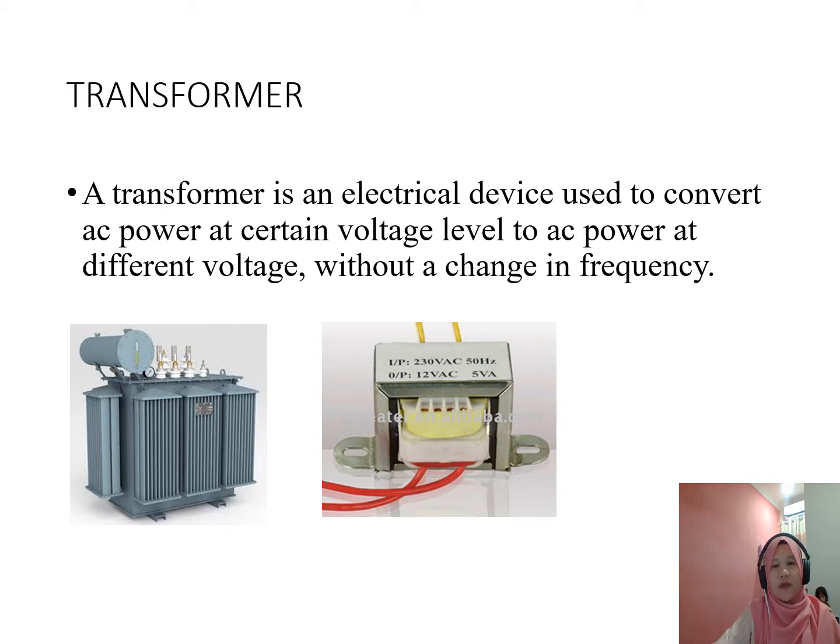The application of transformer, it is widely used in electrical power system. For example, this is a three-phase transformer which is used to convert the voltage, for example, from generation to transmission, which uses a step-up transformer, and then from transmission to distribution and to the load, the step-down transformer will be used to step down the voltage to one that is suitable for usage at the load.